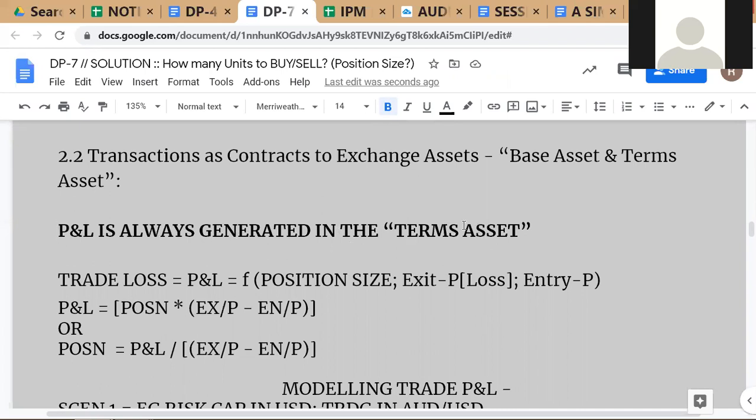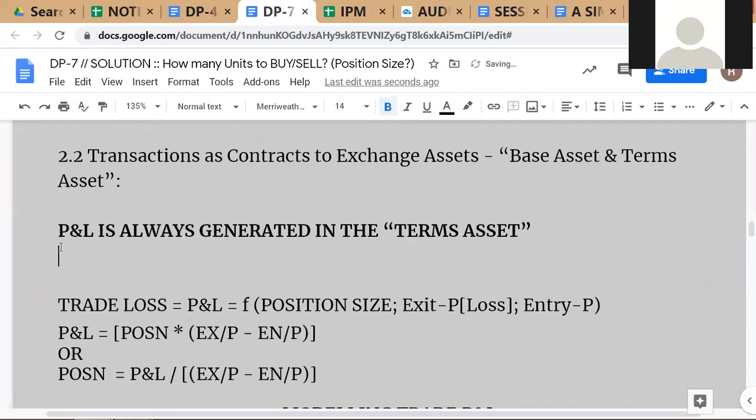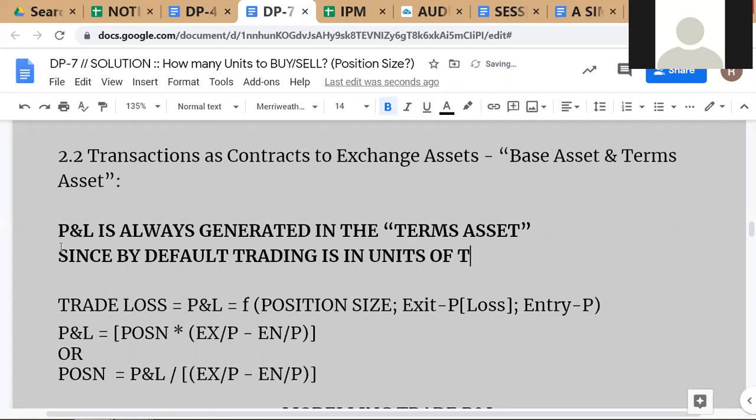So your PNL is always in the terms asset. This is true in every situation, because trading is by default in units of the base asset.